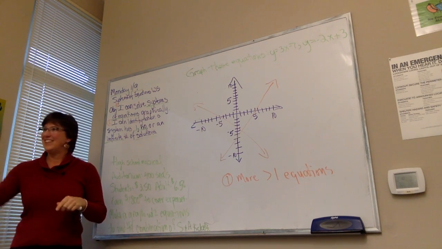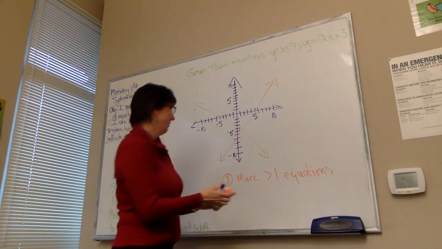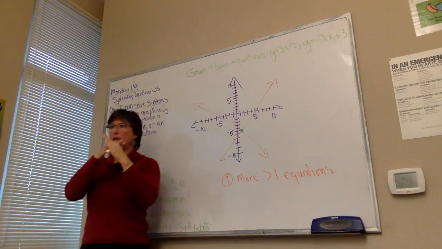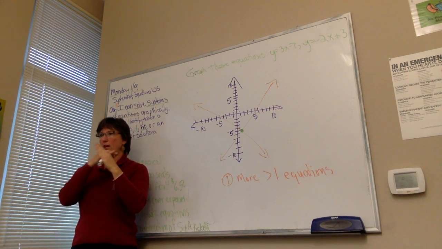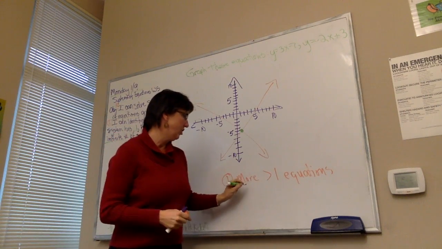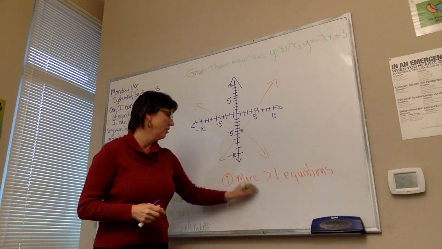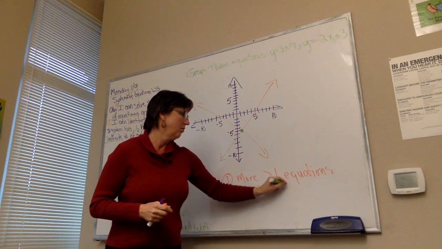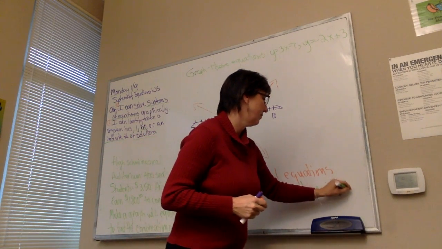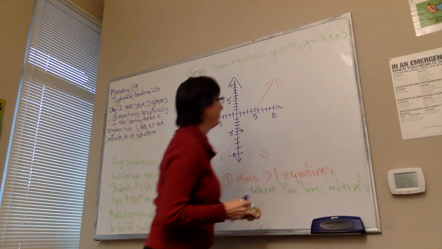The intercept? Yes, it's the intersection. It's where these two lines meet. That is what we identify as the solution. So where we have two or more equations, it's where the lines intersect.